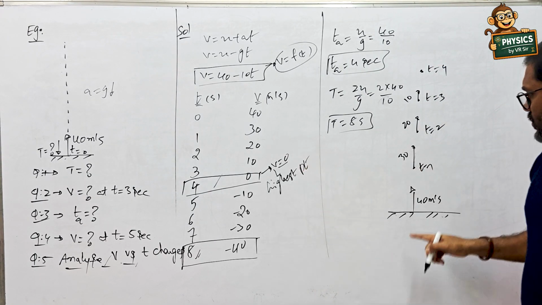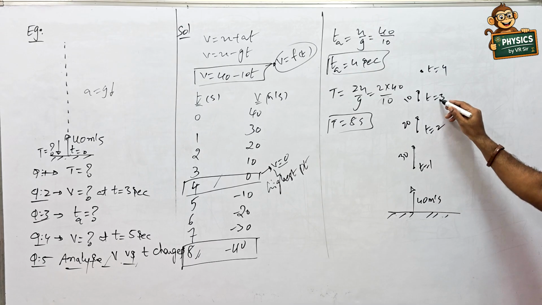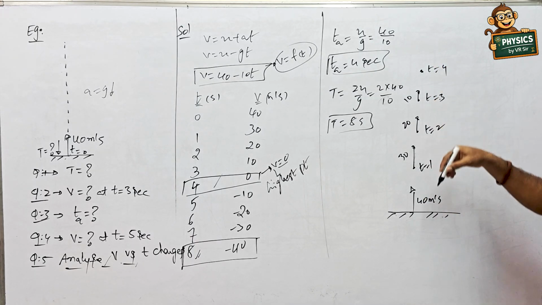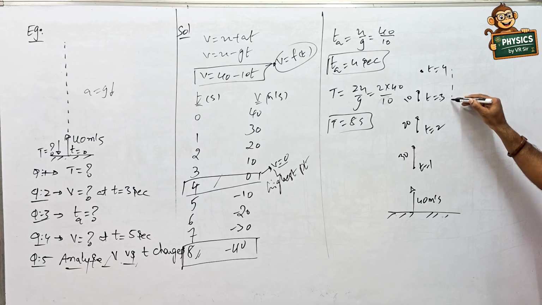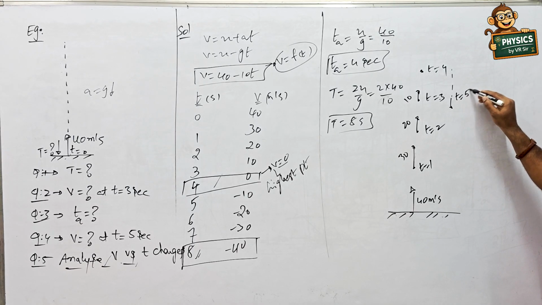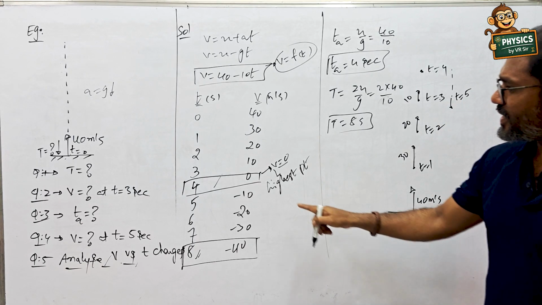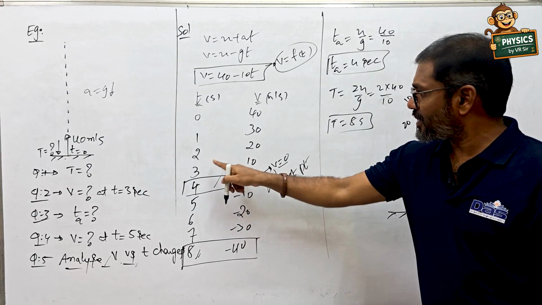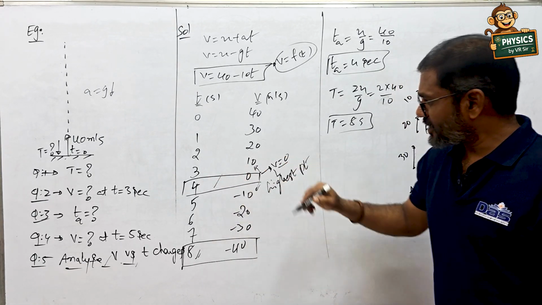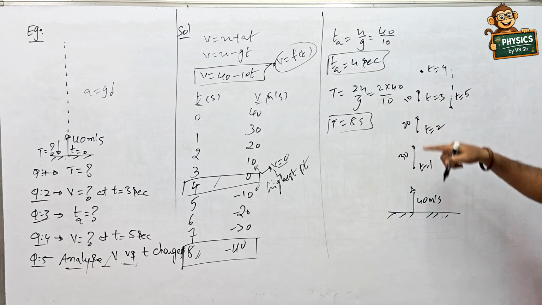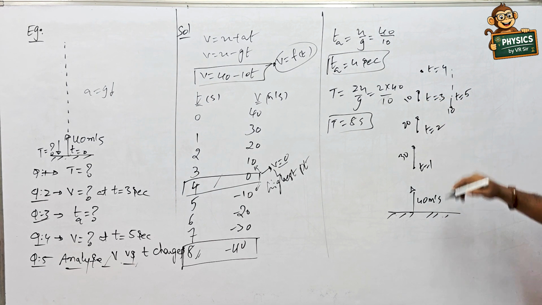So this is 1 second, 2 second, 3 second, 4 second. Now again, while coming back, it is falling down. So look here: at t equivalent to 5 and t equivalent to 3, it is minus 10 meters per second and 10. While going up it is 10, while coming back also it is 10.